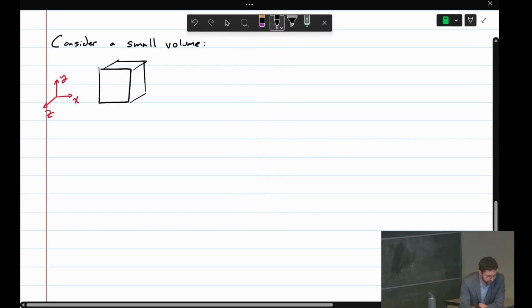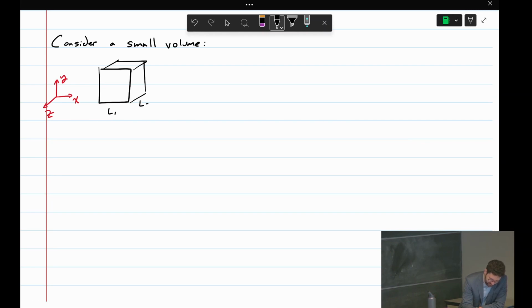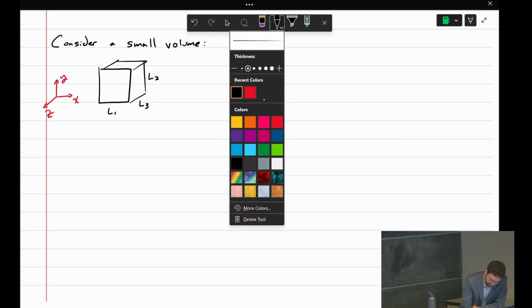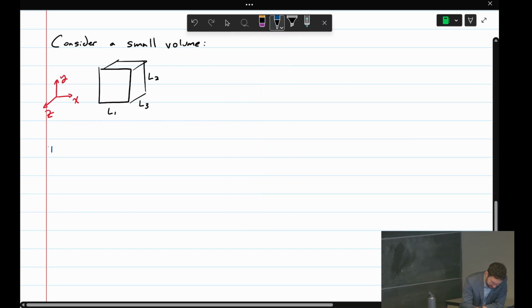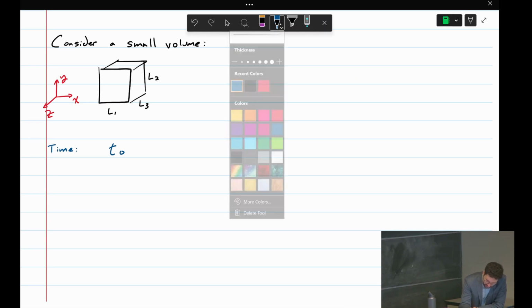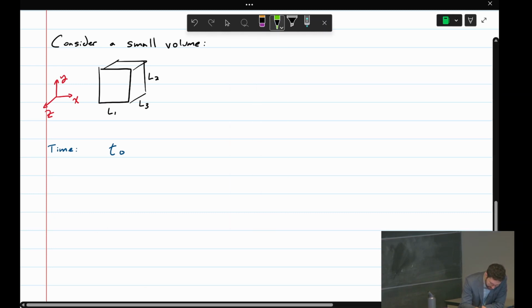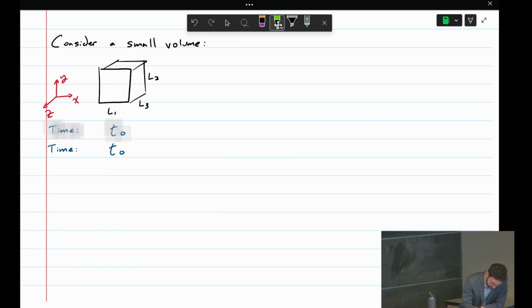Okay, so this volume, we're going to call the length of the volume L1 in the x, L3 in the z, and L2 in the y. This is at time t0. Then the volume of that box, it's a cube, so it's just L1 L2 L3.